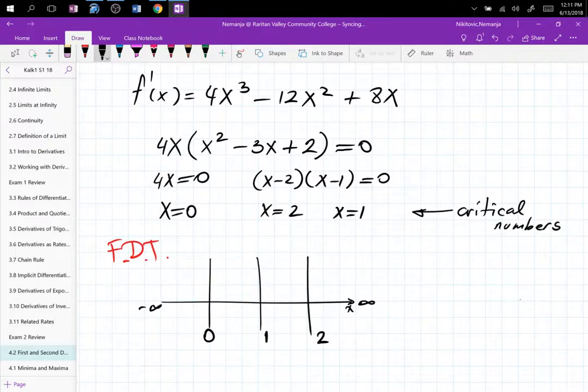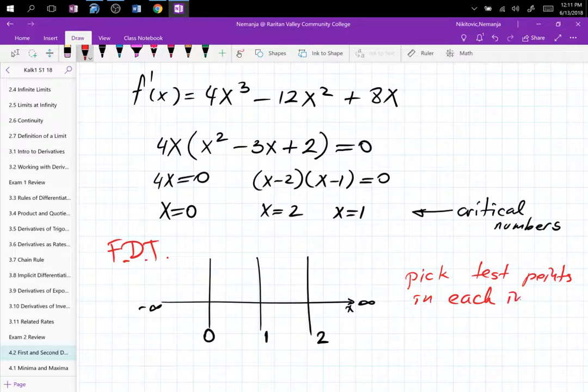Now, I am going to, in red, pick test points in each interval. All right, so -1 is a good one, 1/2, 3/2, and 3.